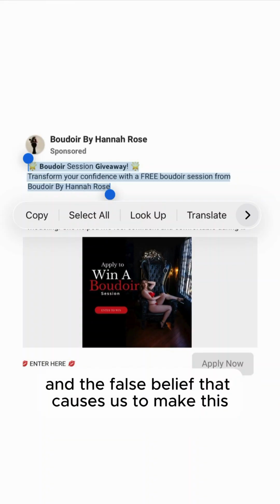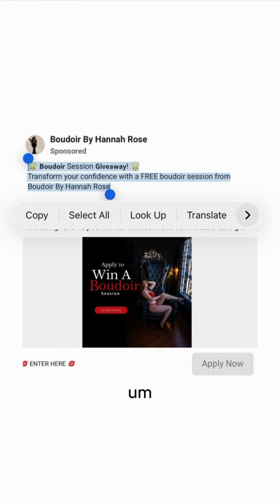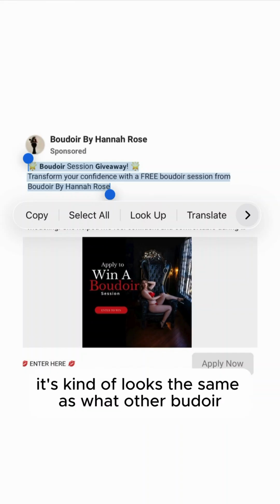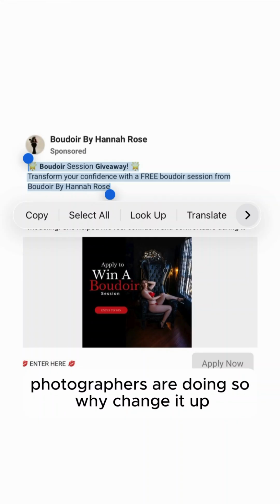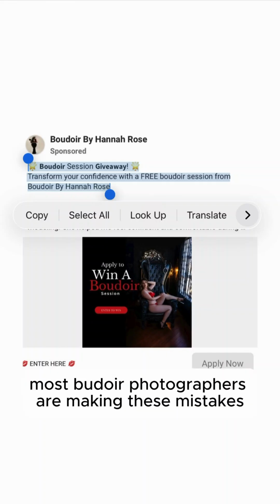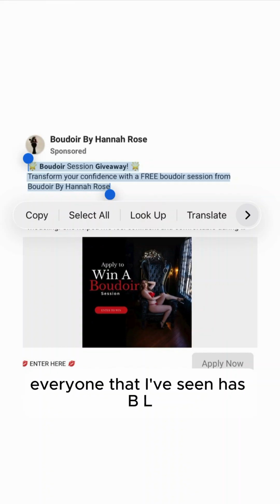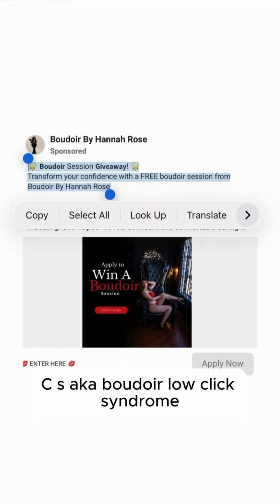And the false belief that caused us to make this mistake is we believe our headline's good enough. It kind of looks the same as what other Boudoir photographers are doing, so why change it up? Why do anything different? Well, it's because most Boudoir photographers are making these mistakes, and that's why everyone I've seen has BLCS, aka Boudoir low click syndrome.